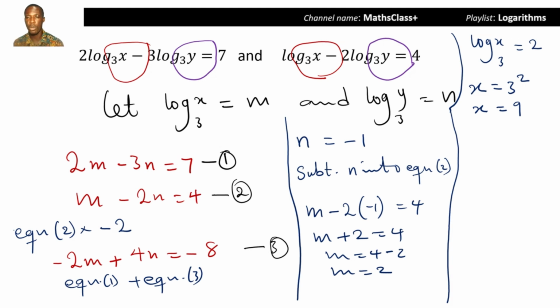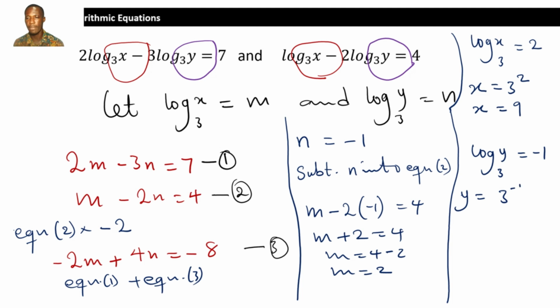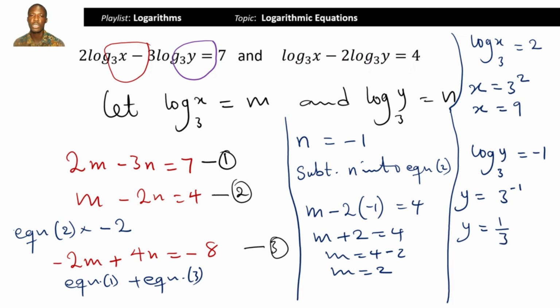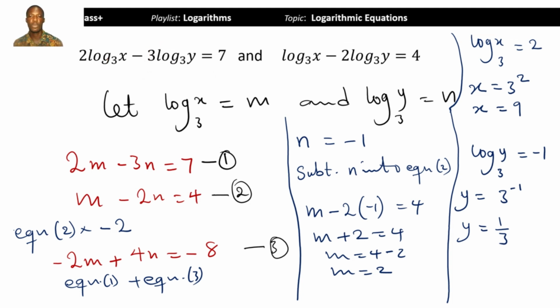Then we also come to log y to the base 3, and we are told that is -1. So if I convert that to indices, I have y is equal to 3 to the power -1. That means y is equal to 1/3. And that is the solution to the simultaneous equation given.